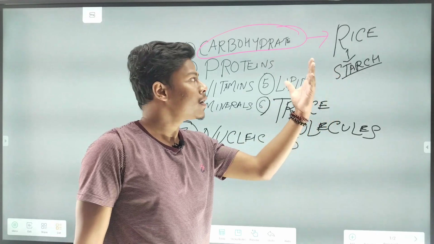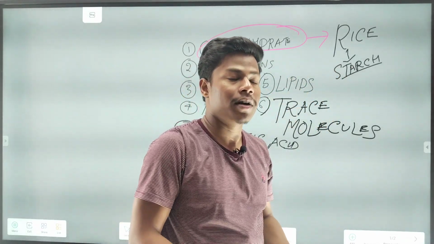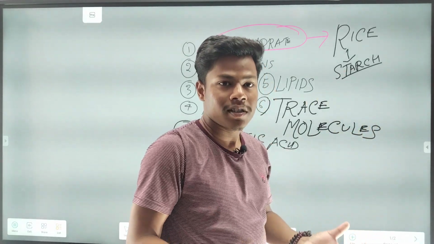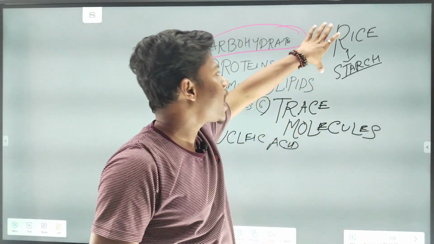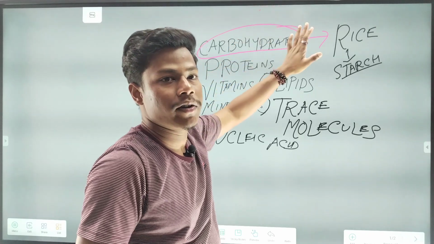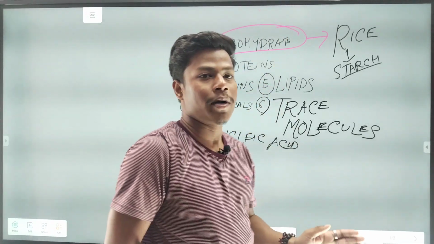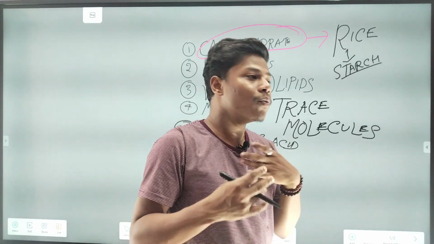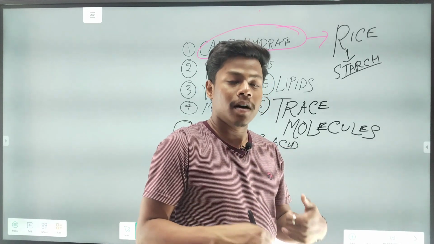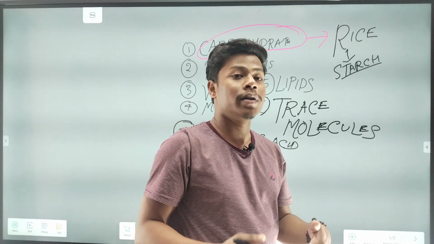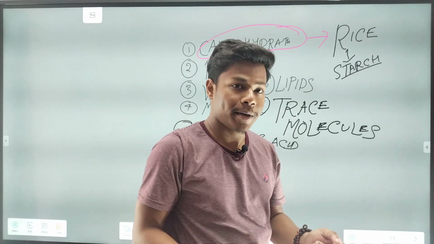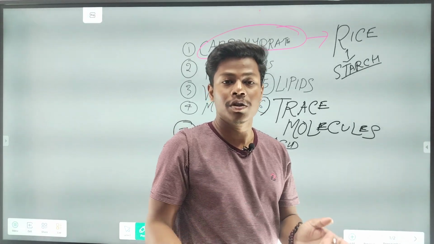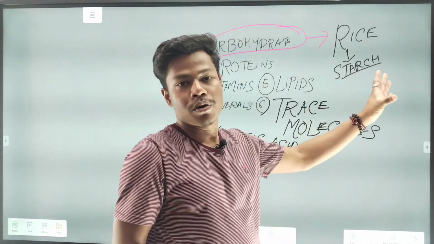For our energy, for our day-to-day life, we generally eat rice as a staple food, right? So rice contains carbohydrates. By eating carbohydrates we can talk, we can move, we can coordinate. This is basically one function of carbohydrates, that carbohydrates can be used as an energy source.